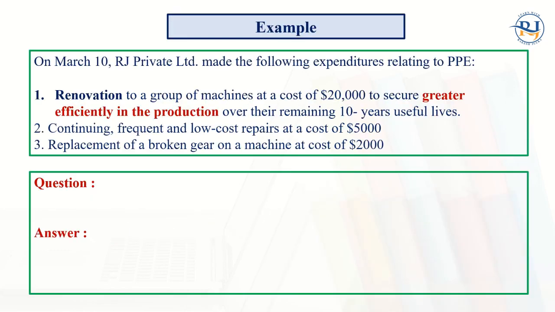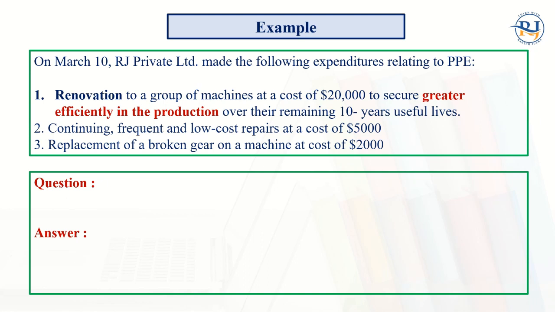Now, I would like to make an example. On March 10th, RJ Private Limited made the following expenditures related to the PPE. The first expenditure was renovation to the group of machines at the cost of $20,000 to secure greater efficiency in production over the remaining 10 years useful life of the assets. The second expenditure is continuing and frequent low-cost repair at a cost of $5,000, and replacement of a broken gear on a machine at a cost of 2,000.